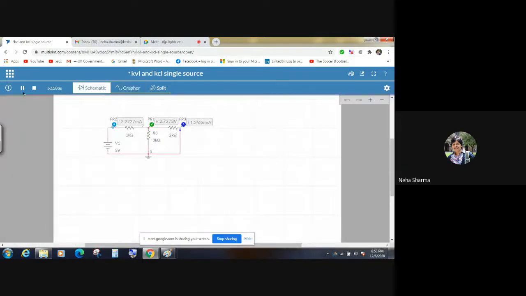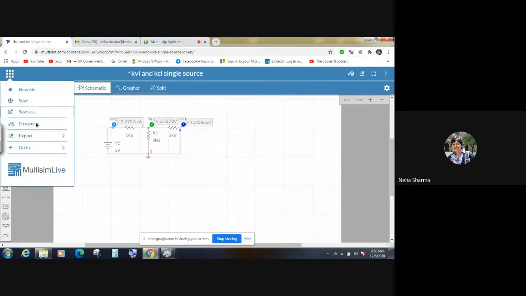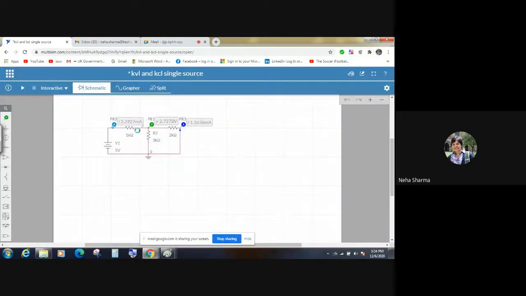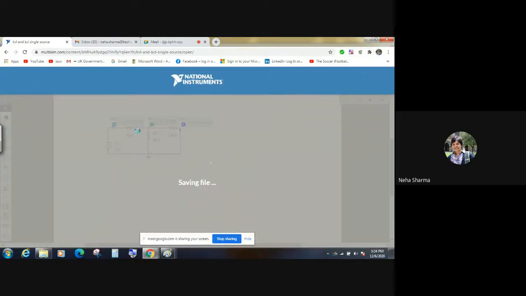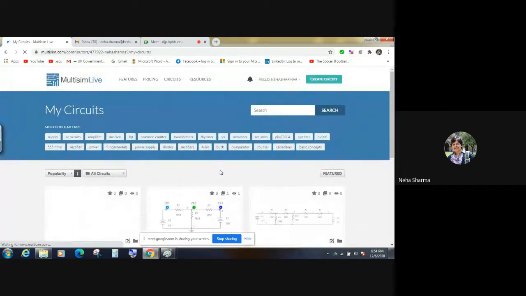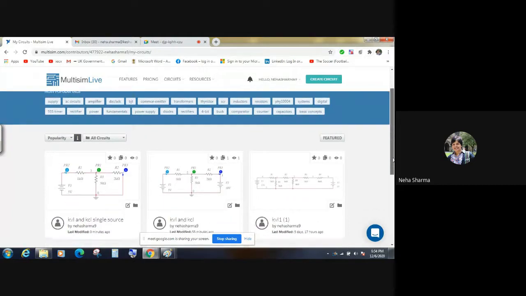By this time you are all quite comfortable with the schematics, I hope. I go to my circuits, check some other circuits and verify the results. You can see that I have made a lot of circuits that we can just go and check. These are my circuits in the window. Let me find a circuit in which I'm using two sources.